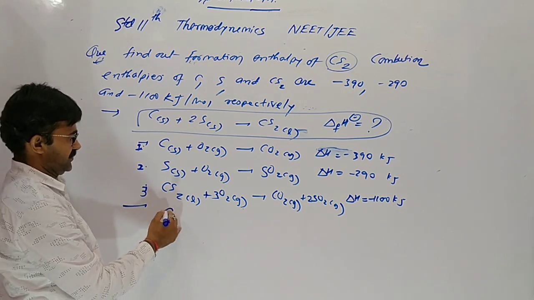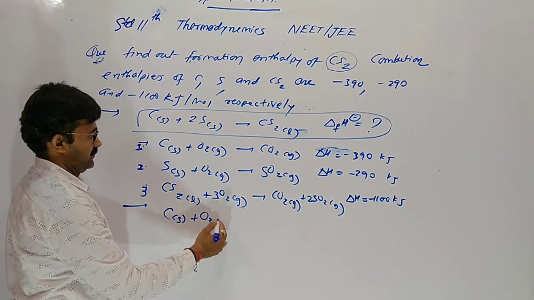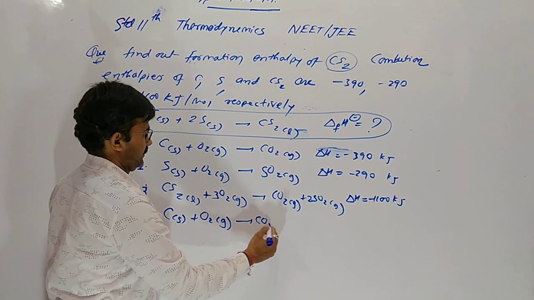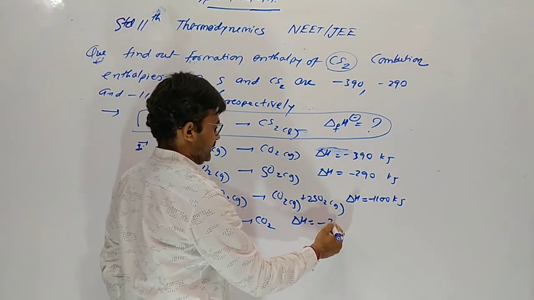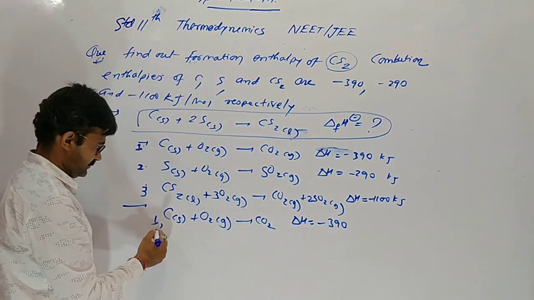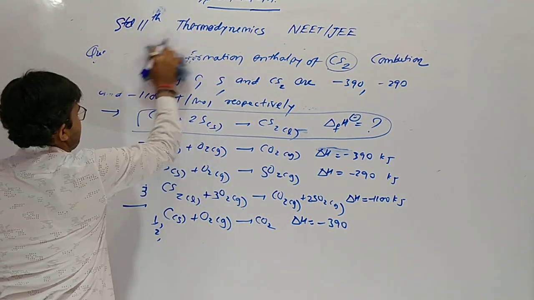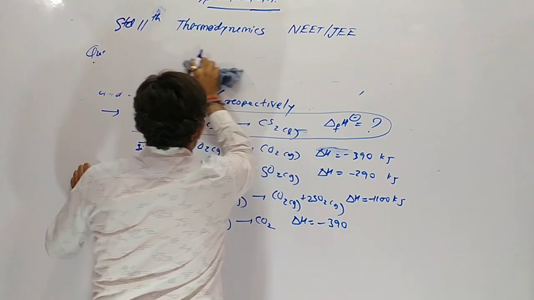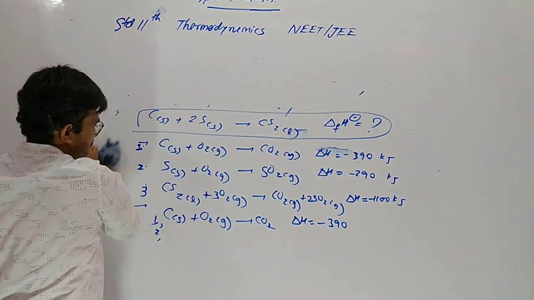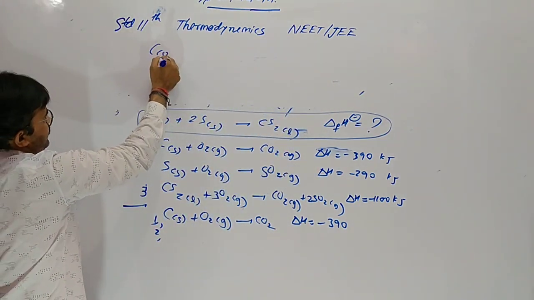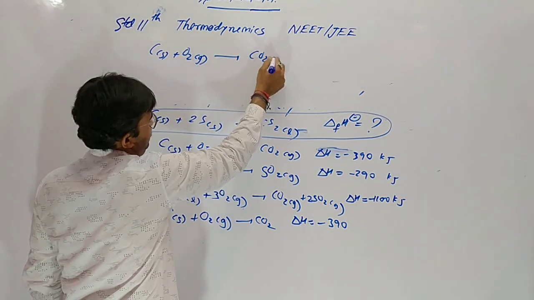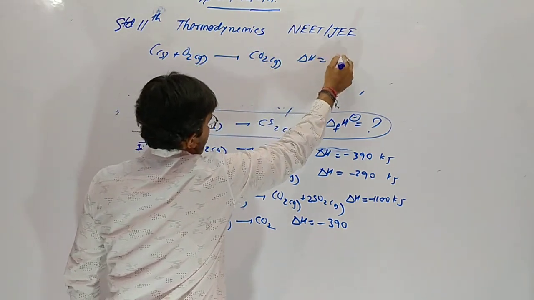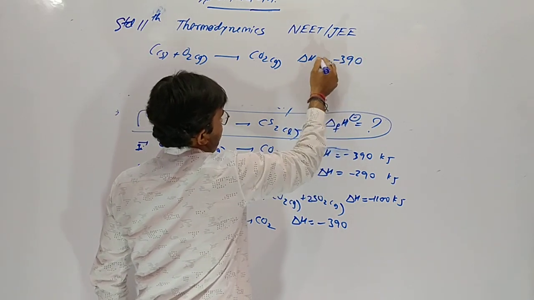So we are first going to multiply reaction second by 2. Here delta H is 390. Okay, here. Carbon solid plus O2 gas gives the CO2. So value of delta H is 390.